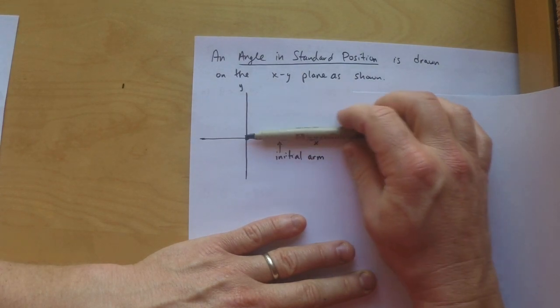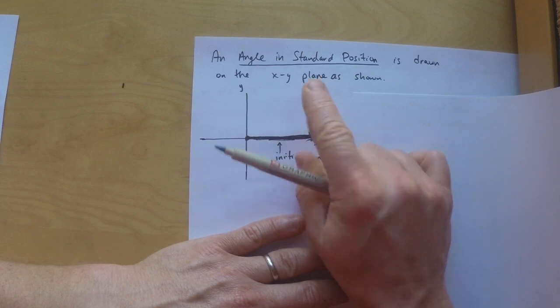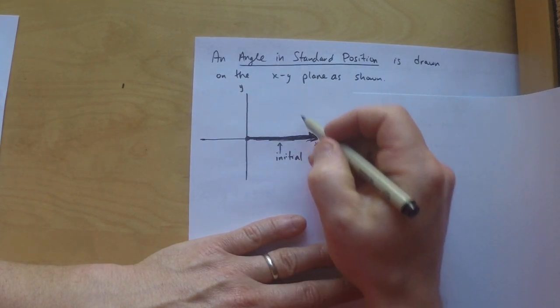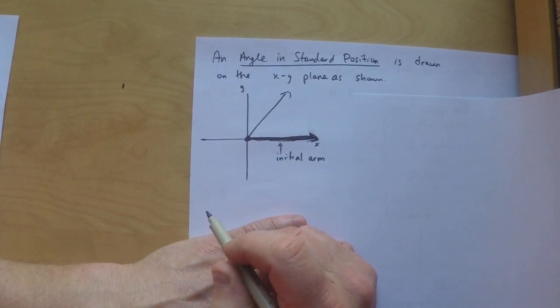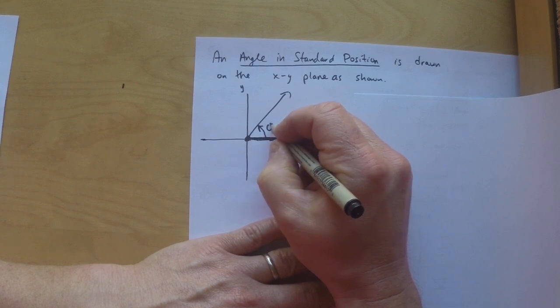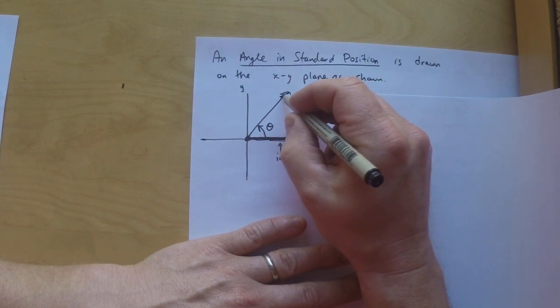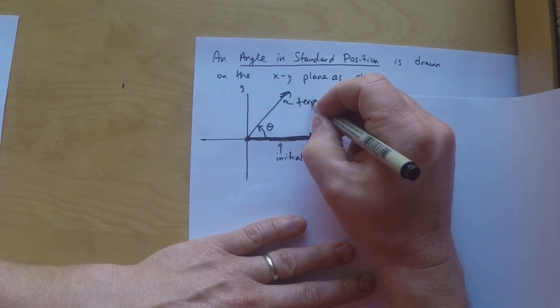And if you think of this spinning just like a clock, if I was to flick this arrow and it would move to another location, so it would rotate about the origin, this angle would be the rotation that we're speaking of. Where this arm ends is called your terminal arm. Terminal meaning end.